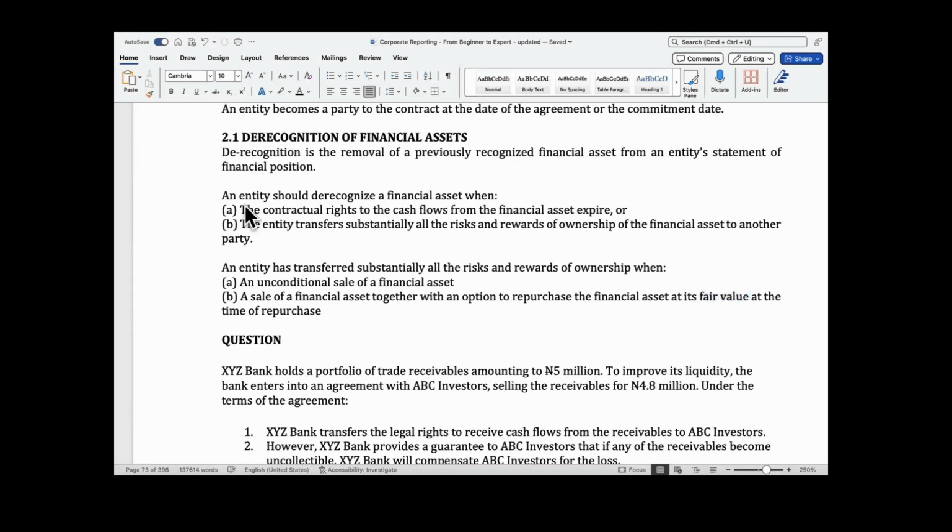You see, before you can derecognize a financial asset, these two must occur. You must establish that they exist. Your right to cash has expired. You have transferred substantially the risk and the reward.